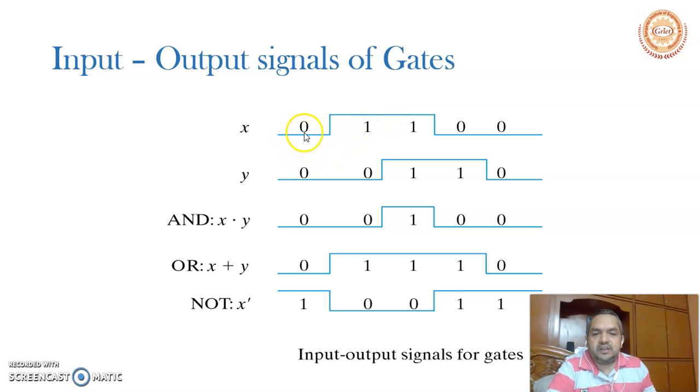If x is equal to 0 and y is equal to 0, then the AND gate output is 0, the OR gate output is 0, and the NOT gate output is high. Similarly, we are showing all possible operations: 0 0, 1 0, 1 1, 0 1. So what is the change in the signal depending upon the logic gate we are using? This can be shown using this signal diagram.